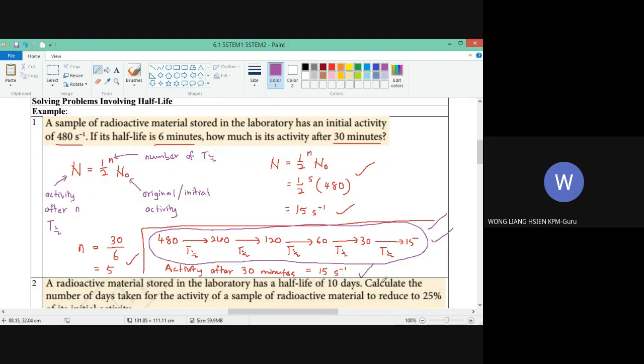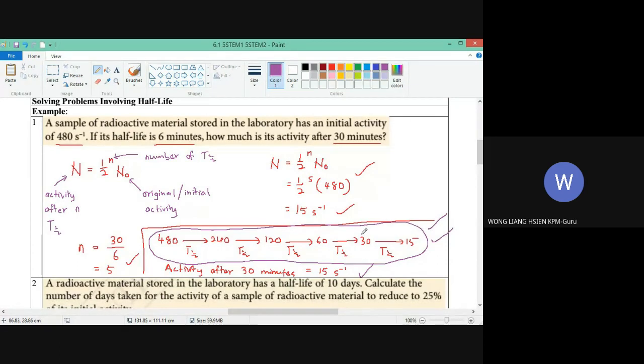So if you want to do it manually, you need to show it like this: 480 changes to 240, draw an arrow like this. This is the working. What I'm showing you here is the actual thing that you write as your answer. This is not for fun.